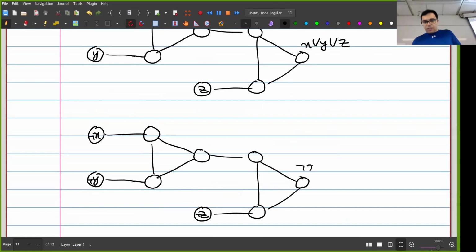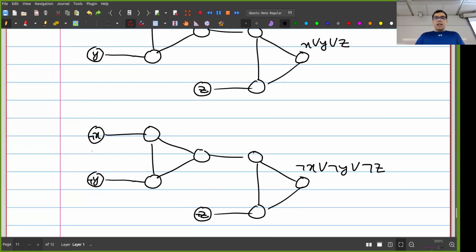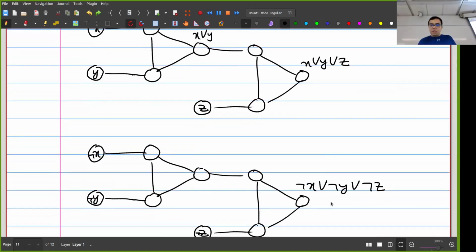It's like I have not X or not Y or not Z. And I can assign true to this vertex if and only if I have assigned true to one of these. Okay. But of course, I want to also force the coloring to assign true to this vertex, because I want to force the coloring to satisfy this clause, X or Y or Z. And I want to force it to assign true to this one as well.